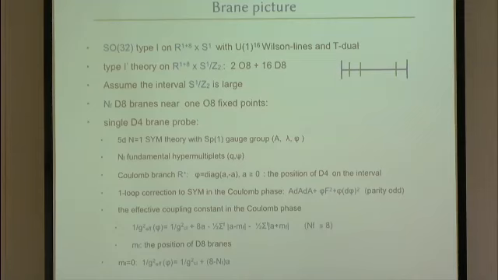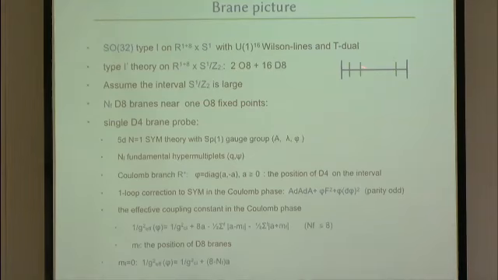So you end up with type I' theory on a 9-dimensional interval, with 16 D8 branes between them. And there will be 16 Wilson lines giving us the location of these D8 branes.